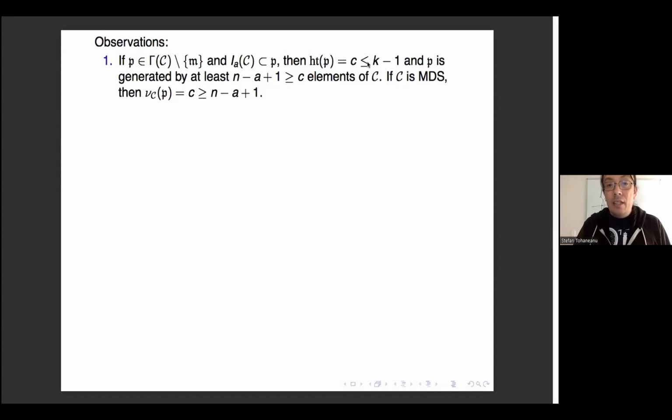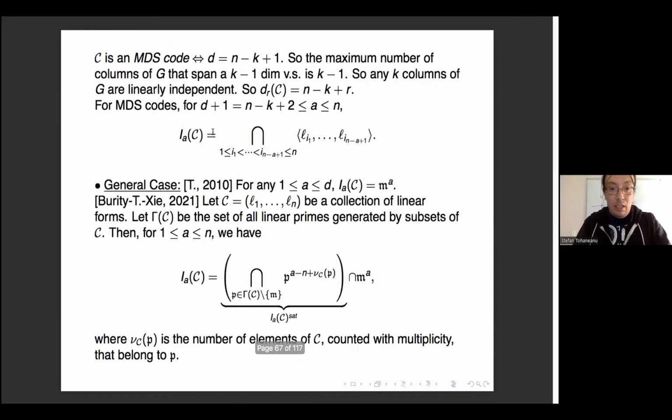And since the height is less than or equal to k minus 1, we can have exactly c elements, little c elements, in P. And that will make c be n minus a plus 1, and that number that shows as exponent here is 1. So therefore, we get exactly this part over here for this big parenthesis.